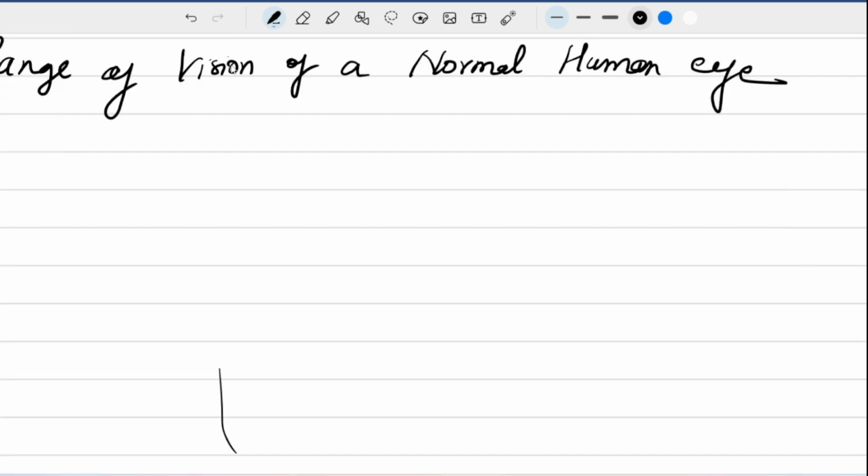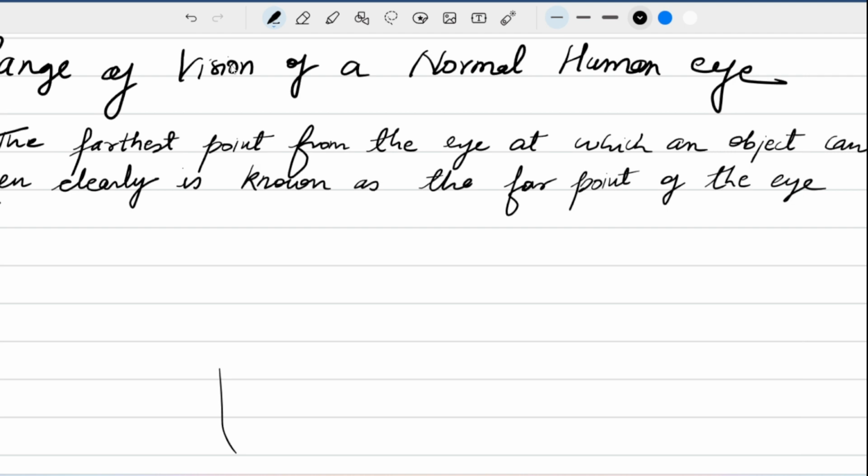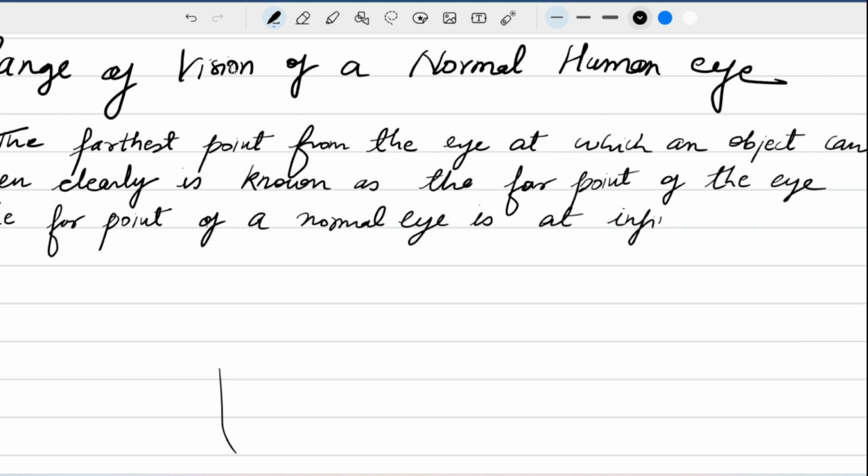Write down the farthest point from the eye at which an object can be seen clearly is known as the far point of the eye. Second point, the far point of a normal eye is at infinity.